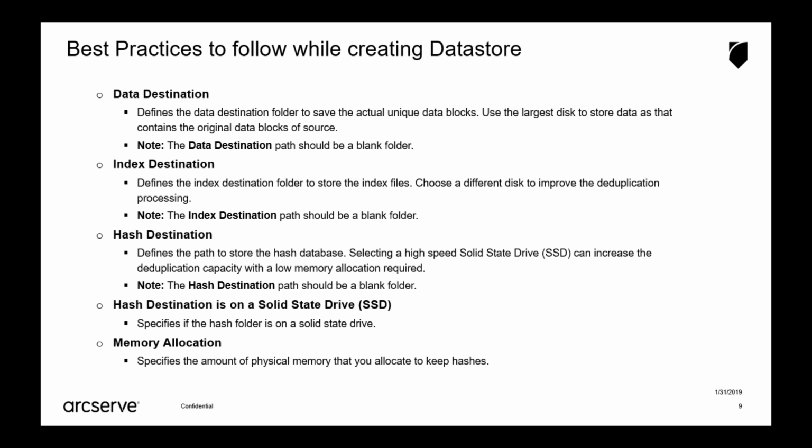The data destination defines the data destination folder to save the actual unique blocks. You have to use the largest disk to store the data as it contains the unique data. Now it again depends on what block size is used, a small block or a bigger block.